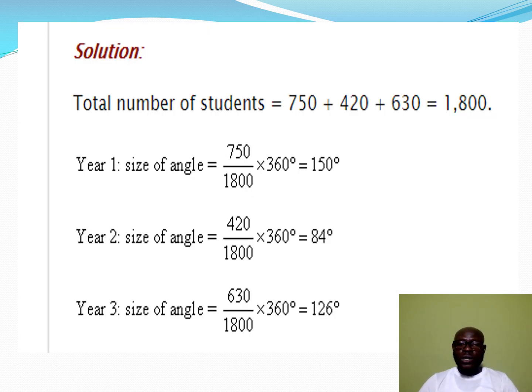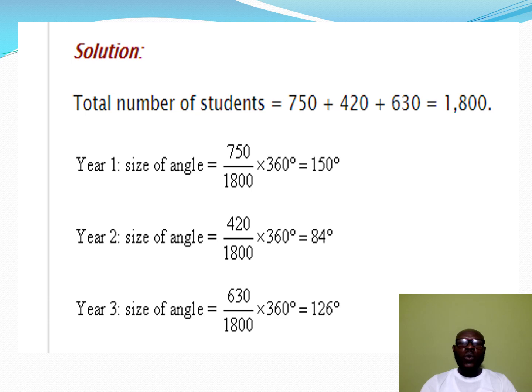Don't forget that before you come out with this pictorial representation of data using the sectors of a circle, you need to find the total of the category, the step that we went through. Over here, the category talks about the number of students in the school. So the total number of students is 1,800.